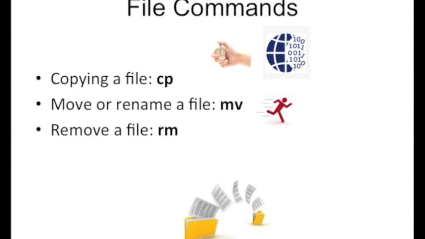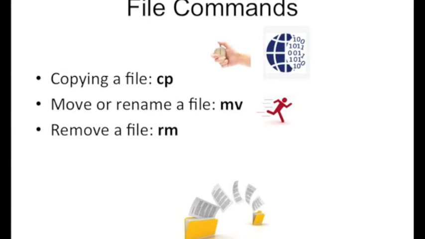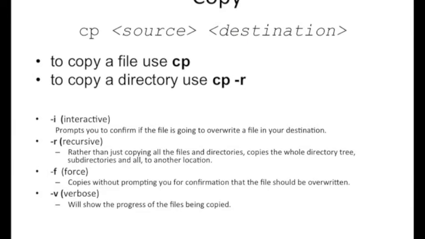Okay, so any questions? I will now give exactly the instructions on how to copy the files and how to move the files and so on. To copy the files, we will use this syntax where we say cp, the source file, the original file, and the destination where we want the file to be copied. When we're copying directories, we will say -r, and -r stands for recursive, if you're curious to know.